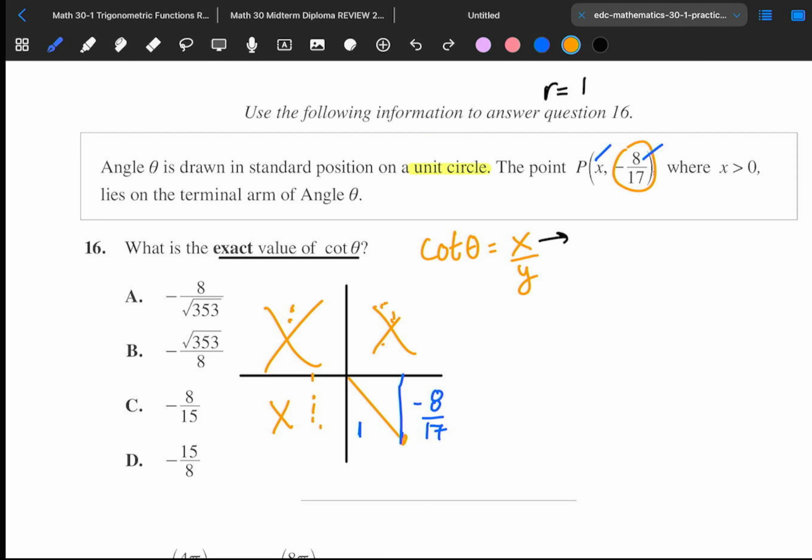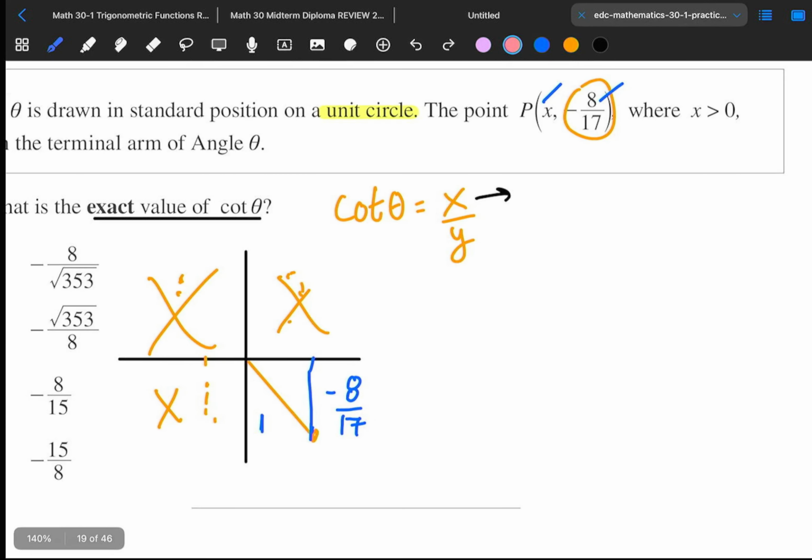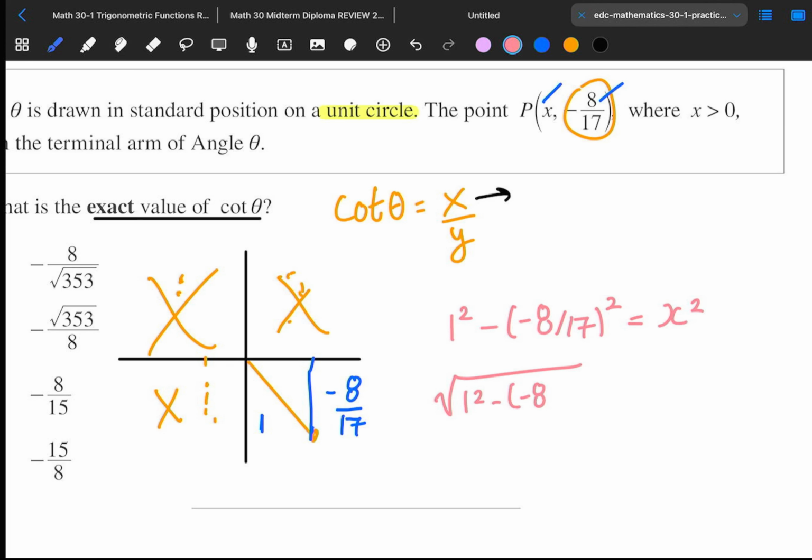Remember, radius 1. And now all you do is the Pythagorean theorem. So I'm going to get 1 squared minus negative 8 over 17 squared is equal to x squared. If you rearrange for the Pythagorean theorem, now I'm just going to square root this. And you're going to get the square root of 1 squared minus negative 8 over 17 squared is equal to x.